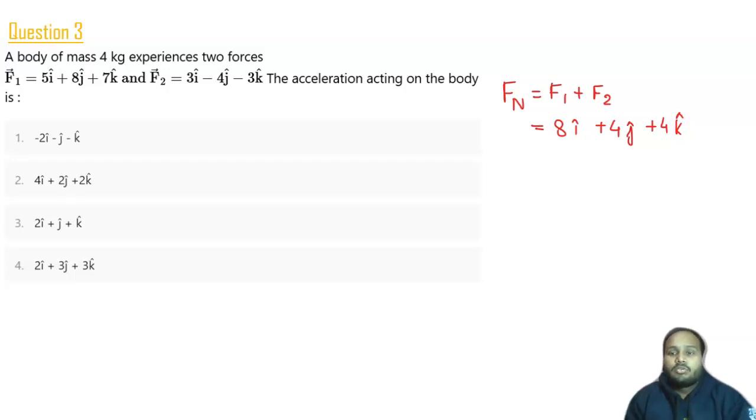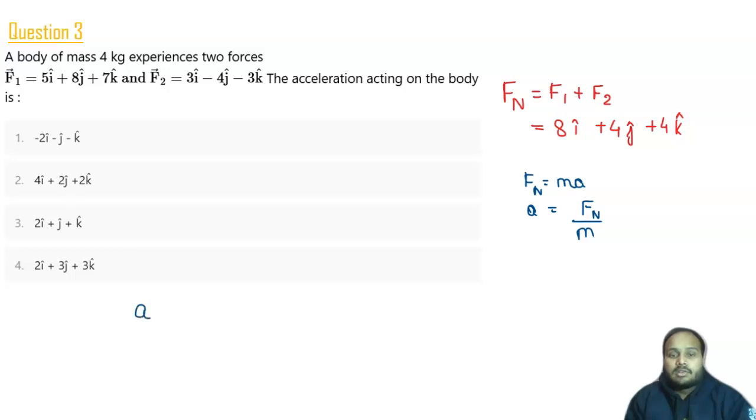Now by second law of motion, we know that force is equal to mass into acceleration. Fine. So acceleration will be equal to force upon mass. And here force is F net, so Fn we will write. Fine.